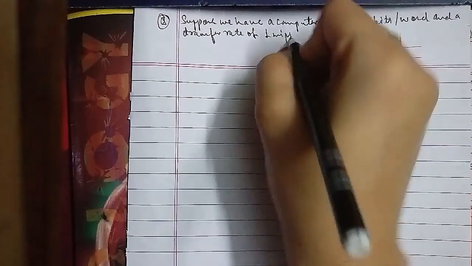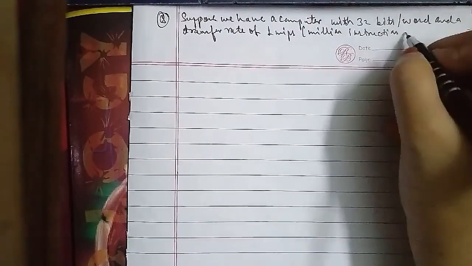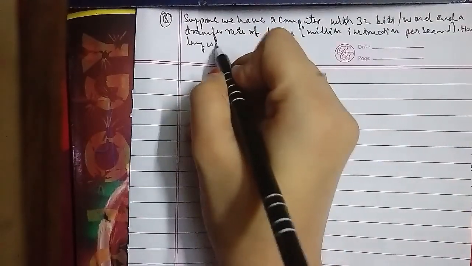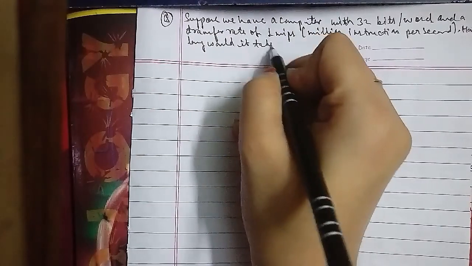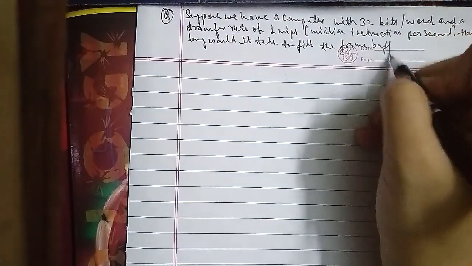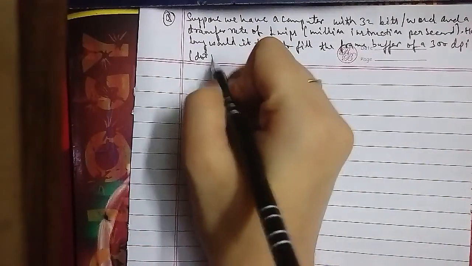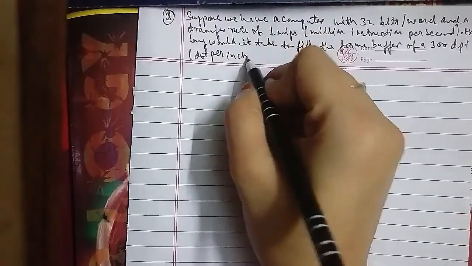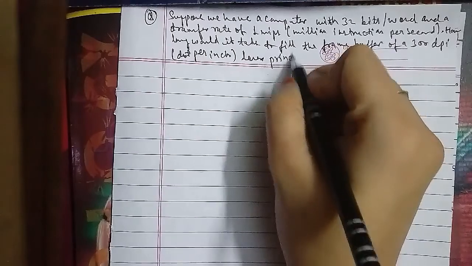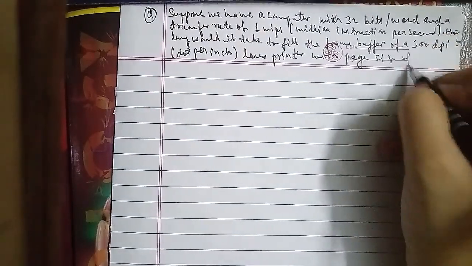The frame buffer size equals 8.5 into 11 inches squared. Here 1 inch equals 300 dpi, and for that we get 8415000 dots, which is equal to 8415000 n bits. That is the simple conversion here.